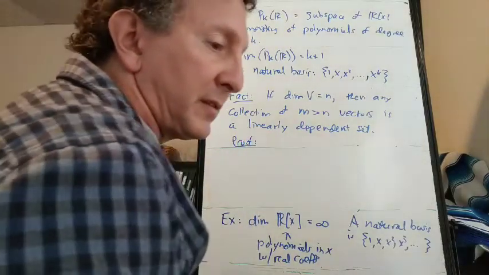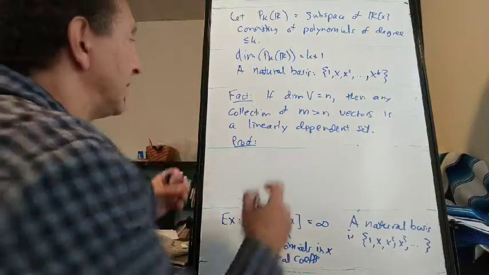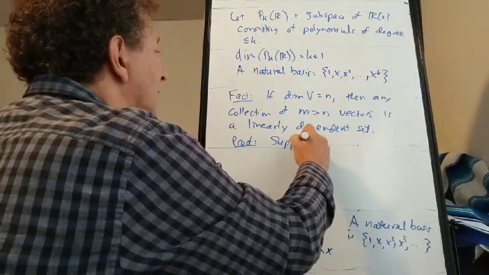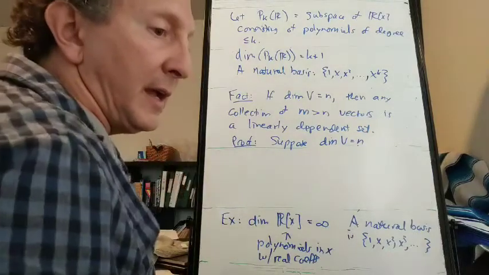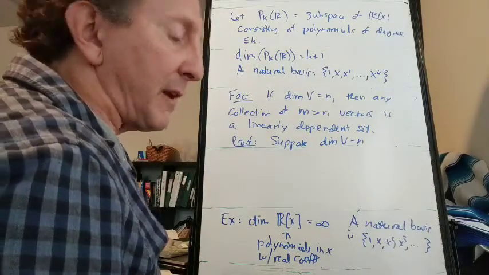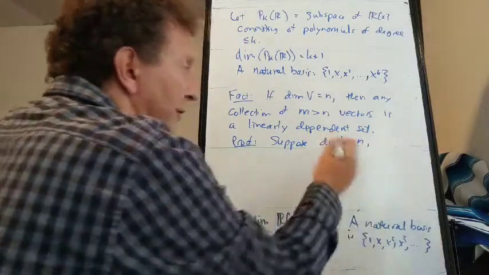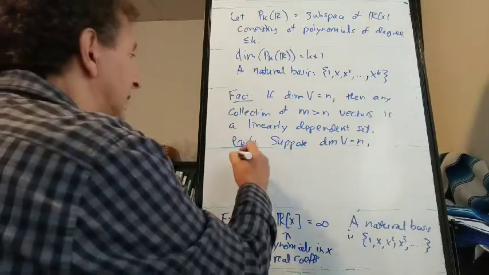So to prove this, let's suppose the dimension of V is n. And let v1 through vn be a basis.